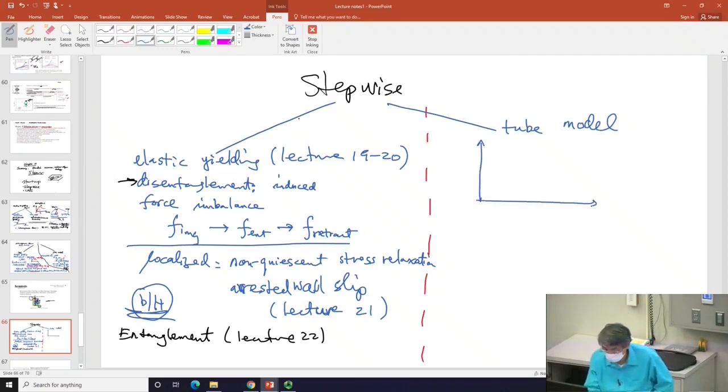If you look at the stress upon stress relaxation, it could have a kink. Experimentally, we call this a kink.